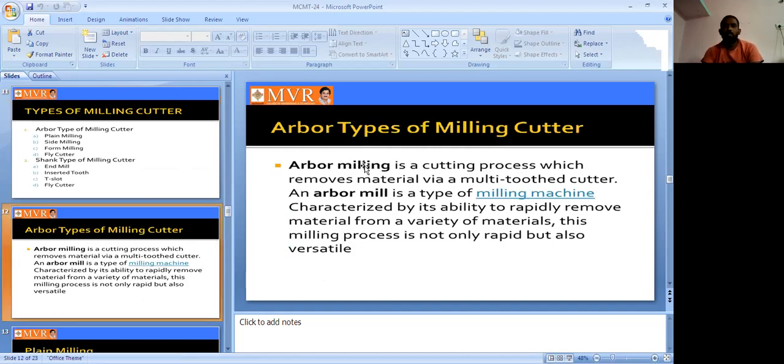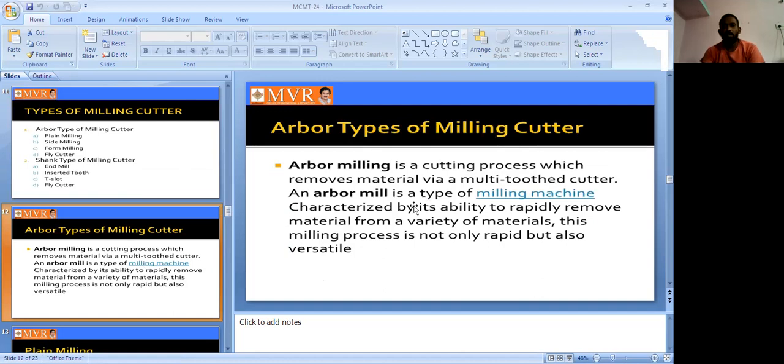Arbor milling is one of the cutting processes which removes material with a multi-toothed cutter. Arbor milling machines can use a multi-toothed cutter to remove the metal from the workpiece.